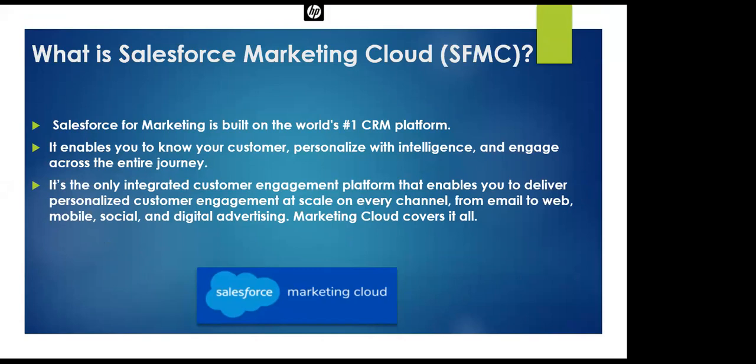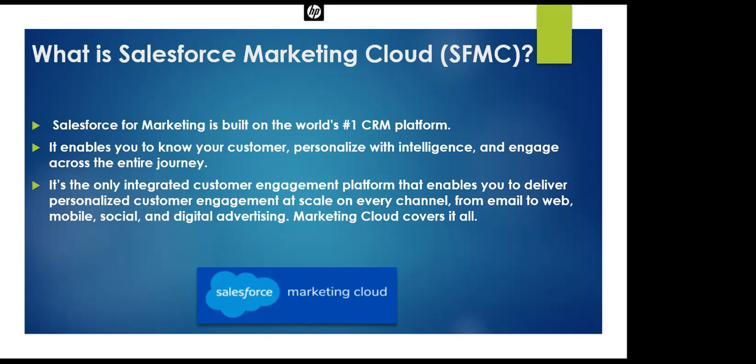It enables you to know your customer, personalize with intelligence, and engage across entire journeys. It will help you know more about your customers and help you personalize. It has AI capabilities. We have Einstein, an artificial intelligence platform embedded into Marketing Cloud, which will help you create intelligent, personalized content so that you can reach the right audience with the right content to drive more sales.